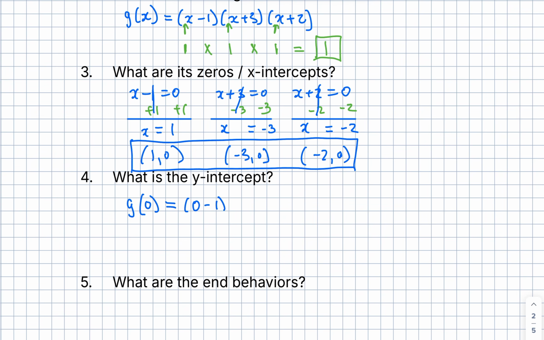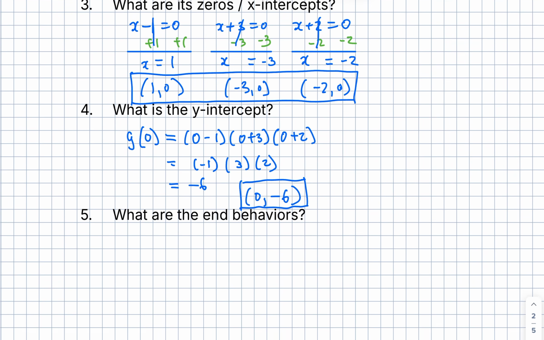So now we have 0 minus 1, 0 plus 3, and 0 plus 2. This works out to negative 1 times 3 times 2, which is equal to negative 6. So my y-intercept is at (0, negative 6). This means that this product function will cross the y-axis at that point.